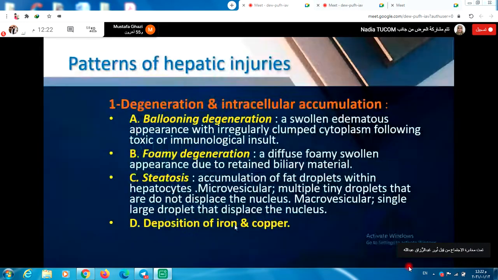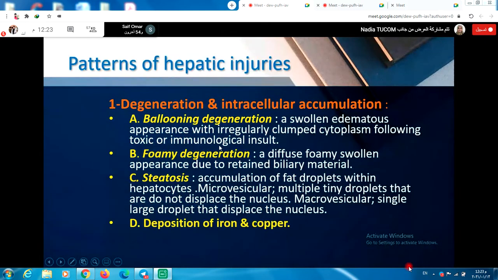So, degeneration and intracellular accumulation. Ballooning degeneration, in which there is swelling and edema of the hepatocytes with clumping of the cytoplasm. This is following toxic, drug-induced or immunological insult or viral infection.